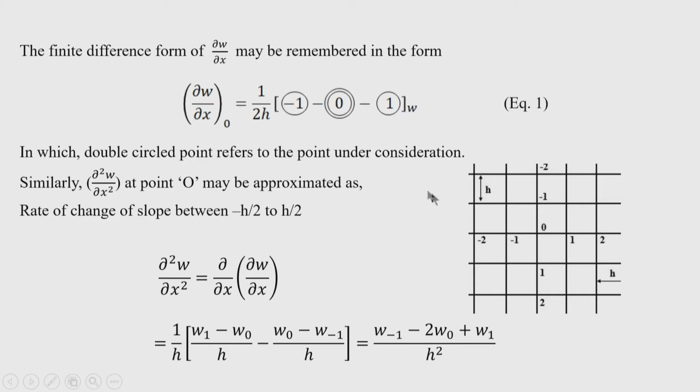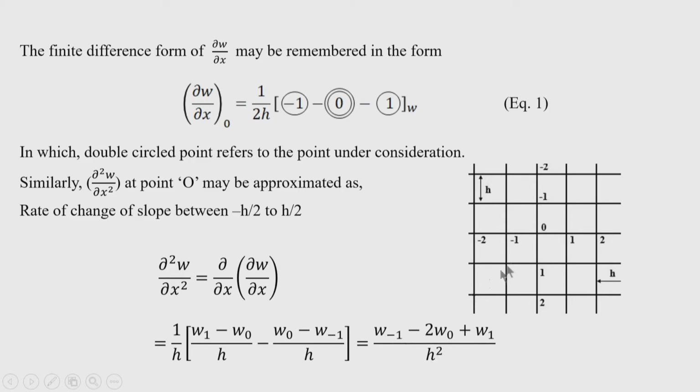And when you use this equation, you have to place the stencil. I will show in the next slide, that is the stencil for this slope, but for the second derivative also a stencil can be constructed. So, in that case if I place the node here, this stencil centering at O, the coefficient here is minus 2 and then the other two values here will be 1 and 1.